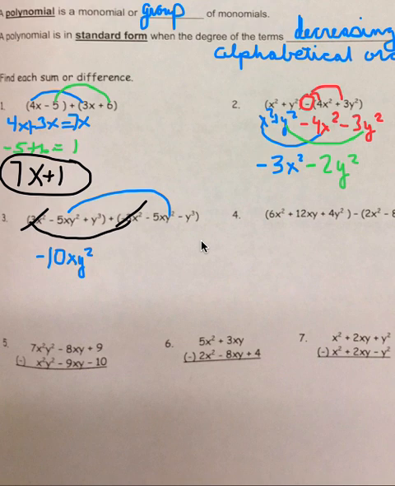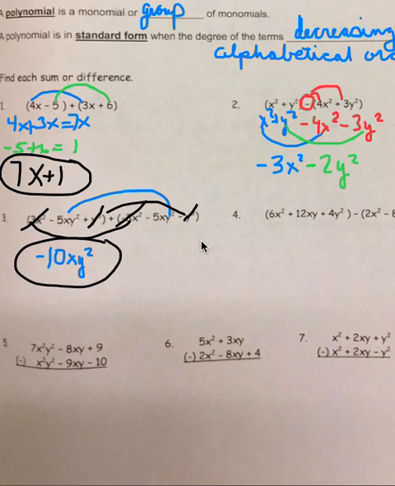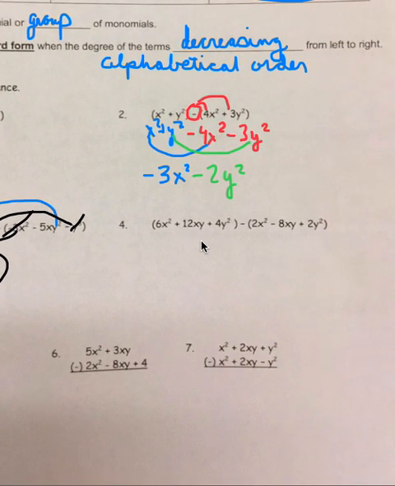The exponents for the variables do not change when you're adding or subtracting. When we do multiplication and division, they do change, but for adding and subtracting, they do not change. And then finally, we have y cubed and minus y cubed. Those will cancel out as well, so our answer is negative 10xy squared. Simple enough.